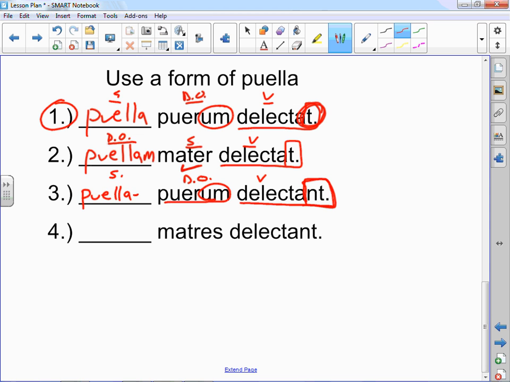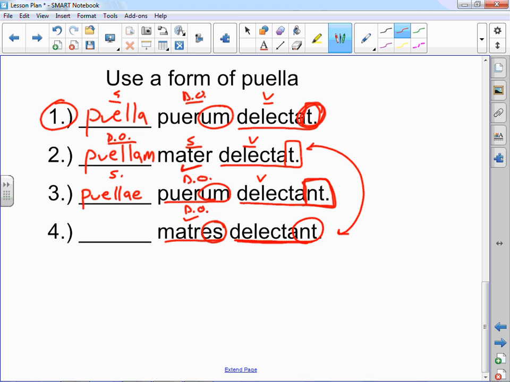In number 4, I'm assuming that it's basically mirroring this guy. I have matris, which I'm going to say is my direct object. We also know that es could be nominative, but let's assume that it's not in this sentence. I have a third person plural, so I have the direct.